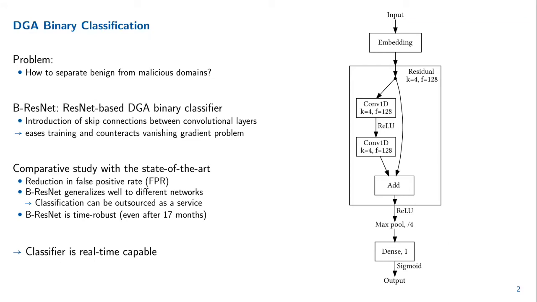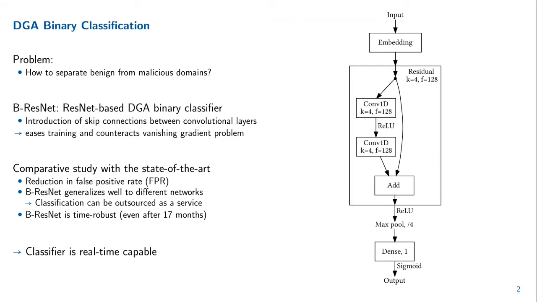The one property was whether the classifier generalizes well to different networks. That is to say, we train one classifier on real-world traffic from one organization and then evaluate it in a different network. And here we could show that our classifier generalizes well and thus can be outsourced as a service, for instance.